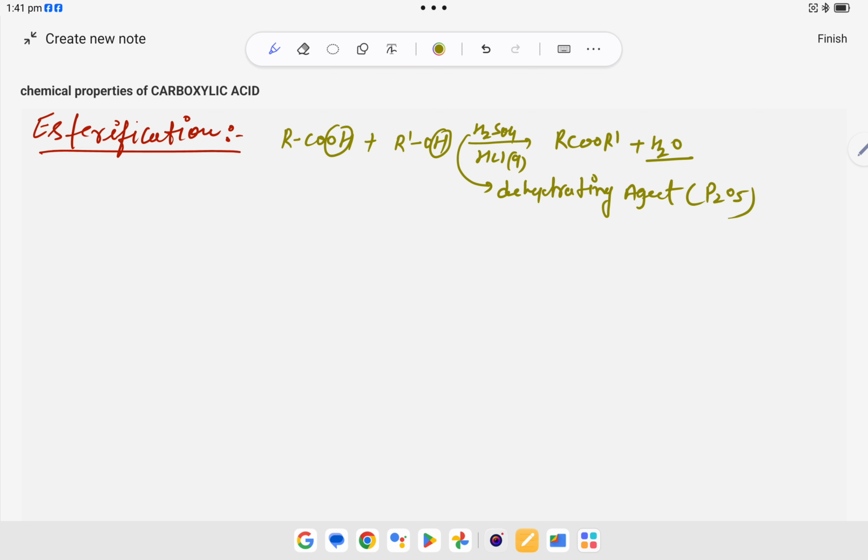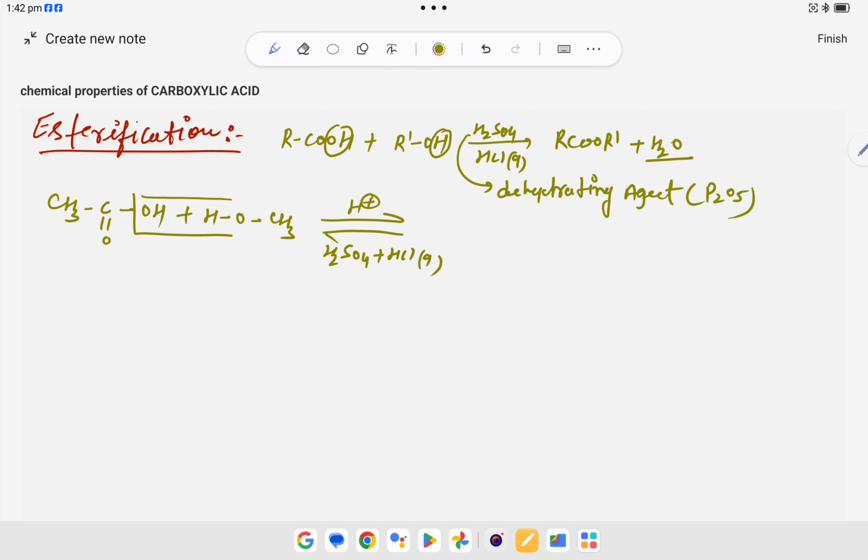So the reaction: CH3 C double bond O and OH, at the same time HOCH3, in the acidic medium of H2SO4 plus HCl gas. So you have to remove water simply.